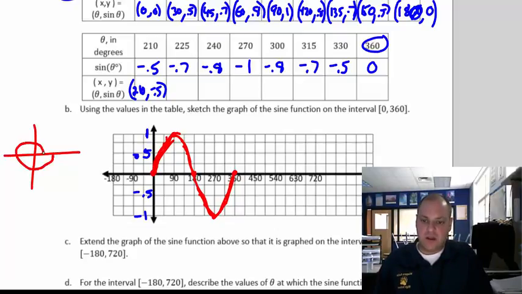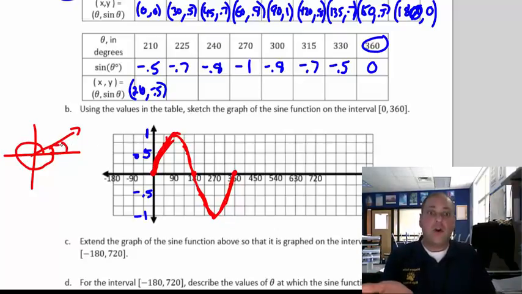Here's 360, that's right here. 390 is just 30 degrees more, okay? So that's going to have the same sine value as 30 did. Whatever 30 was right here is going to be 390. Well, that was 0.5 right there.